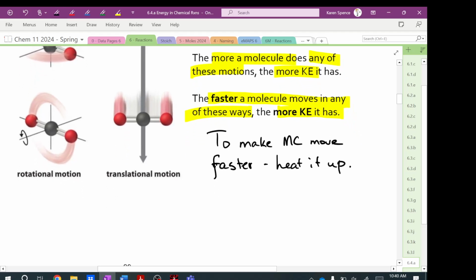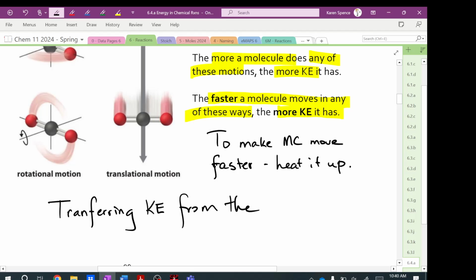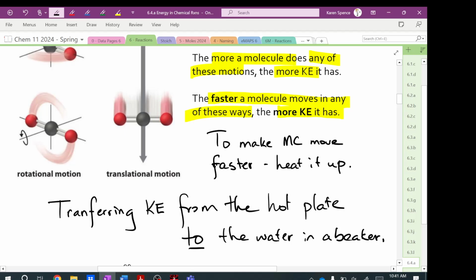What you'll be doing is transferring energy from, say, a hot plate to the water in a beaker.